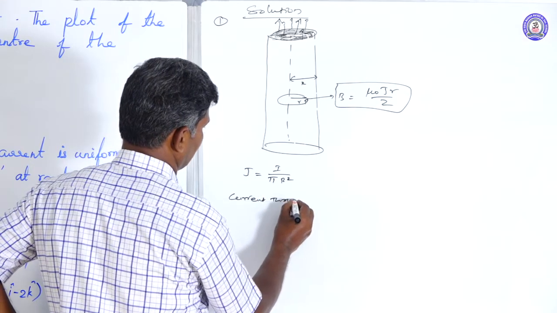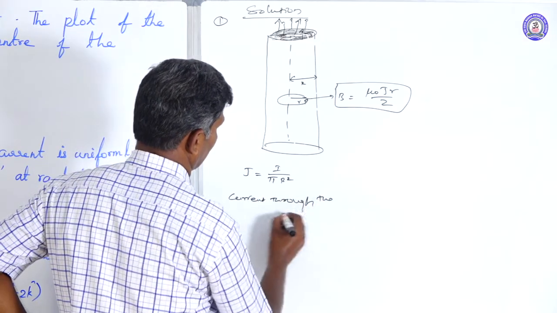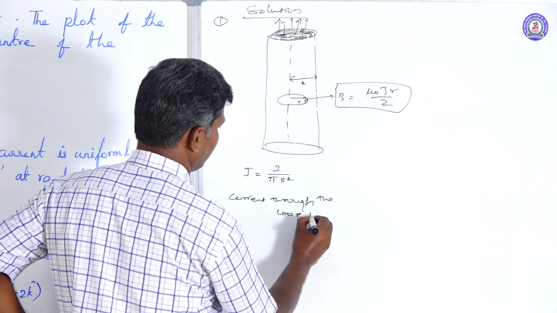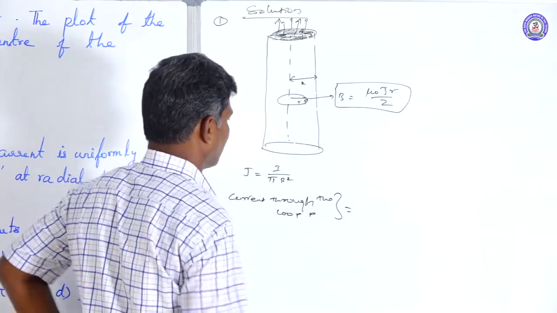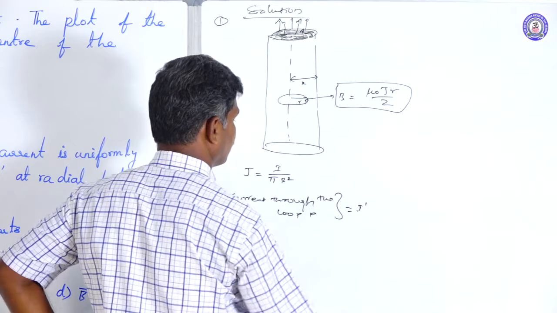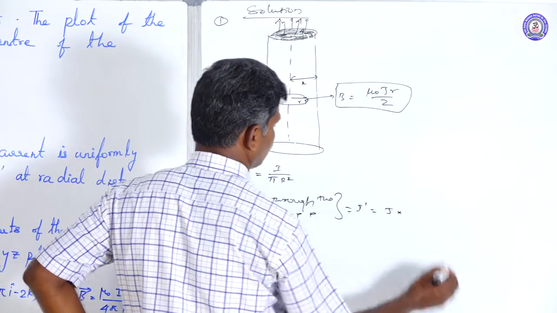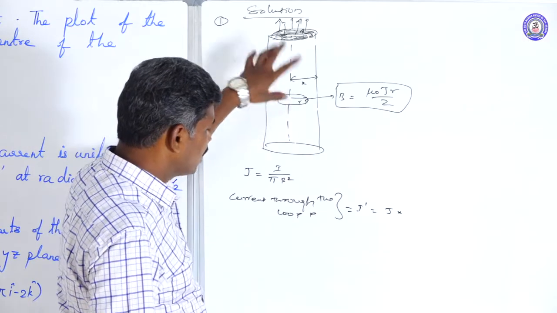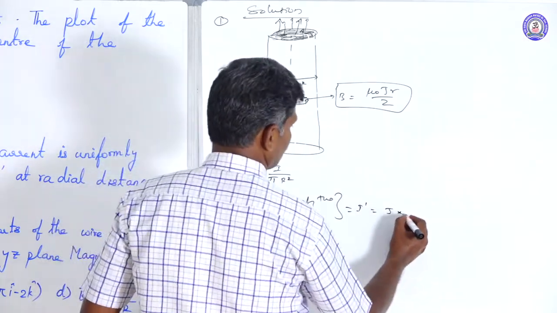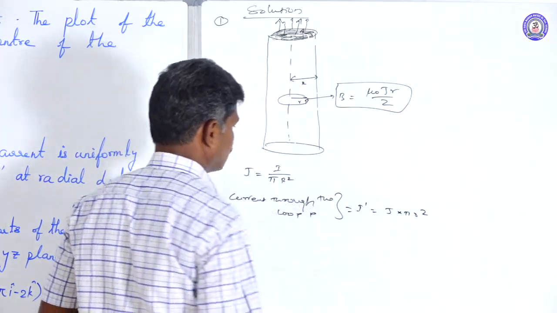Based on that, the current through the loop P can be taken as I prime. I prime is equal to J into the cross section area of the loop, pi r square.